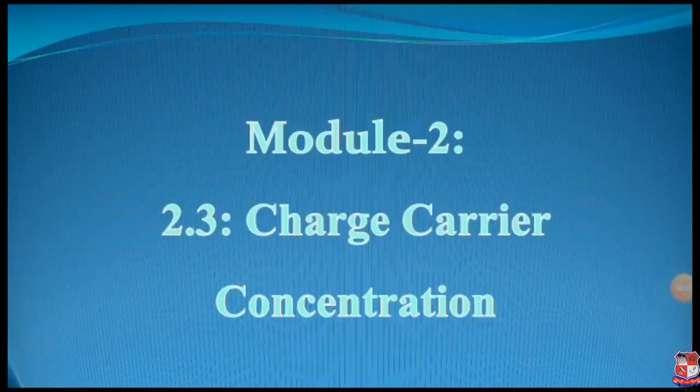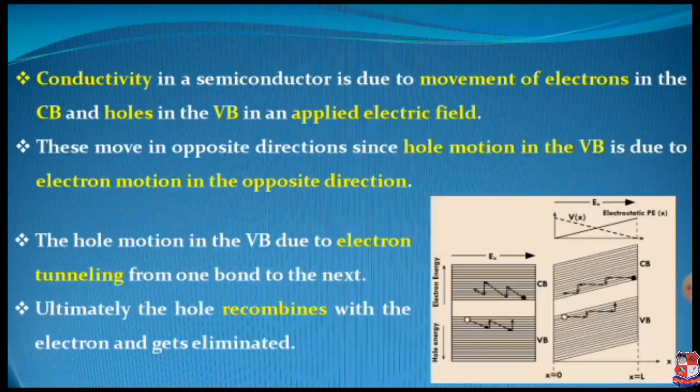Hello dear students, today we are going to study a new article, Charge Carrier Concentration. Before initiating this article, let's recall that in N-type semiconductors, we already have 2 charge carrier concentrations, but we further classified that there is a majority charge carrier as well as minority charge carriers.